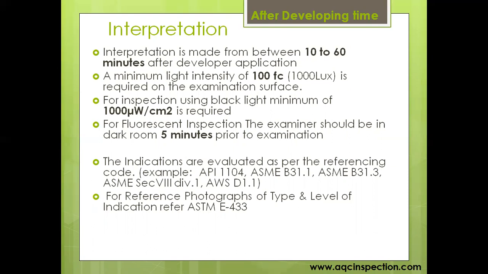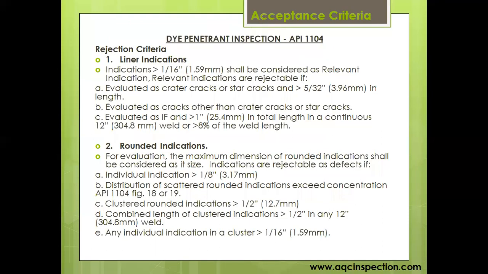The indications which appear are evaluated as per the referencing code, such as API 1104, ASME B31.1, ASME B31.3, ASME Section 8, AWS D1.1, etc. There are also reference photographs for type and level of indications in the ASTM standard, ASTM E433. A few examples of acceptance criteria from the mentioned standards are given here.